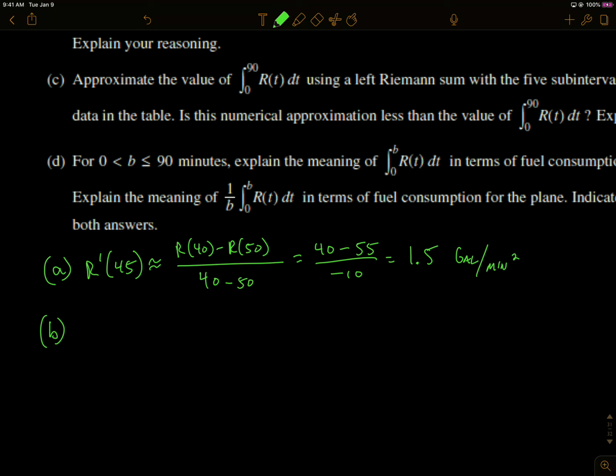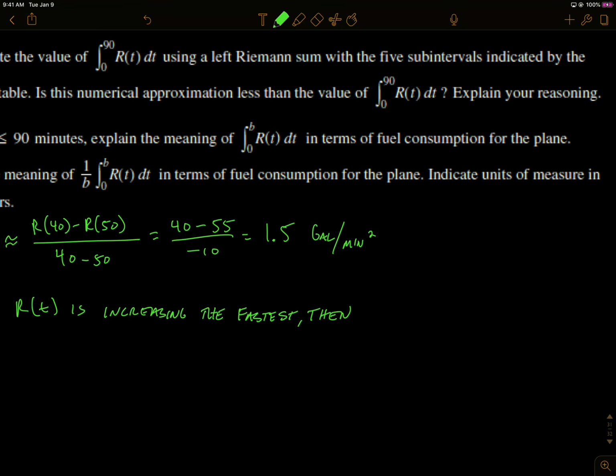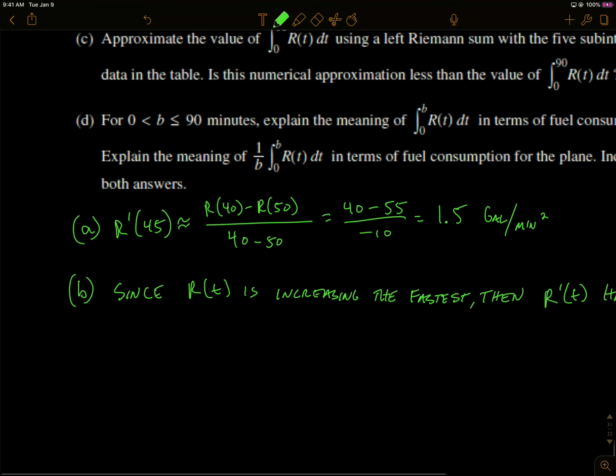So we'll say that since r is increasing the fastest, then, I should say at 45, then r prime of t has a maximum at t equals 45.